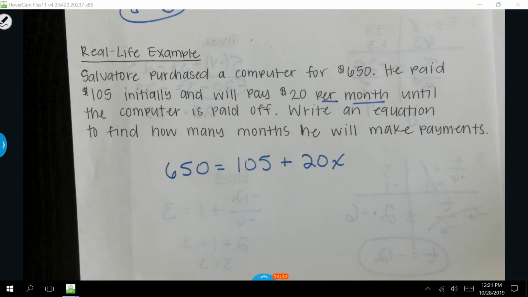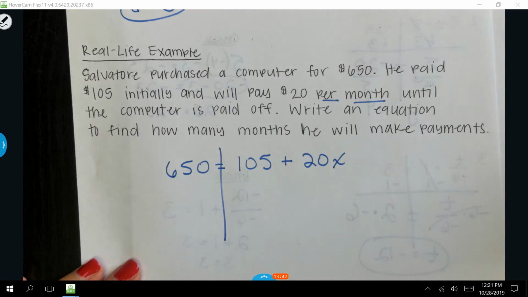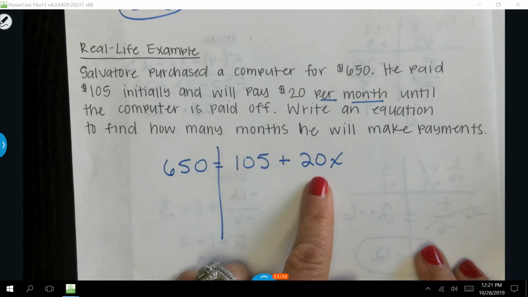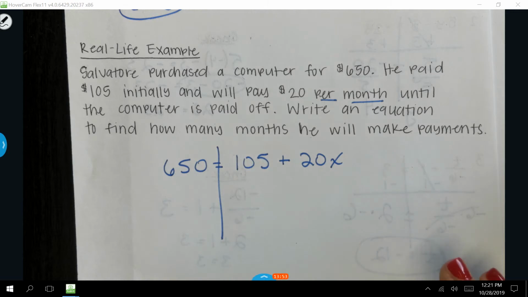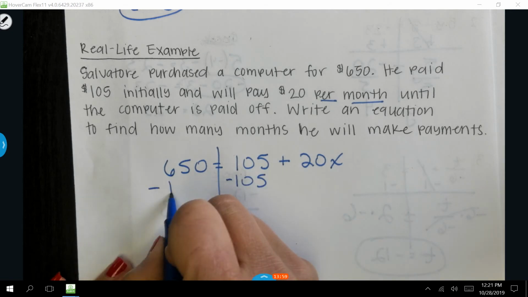Okay, so you have to draw the line first, and then you gotta do minus 20 on each side. No. Remember, you can't touch the variable term first. You have to do the other number first. Then negative 105. Yes, we have to subtract 105 on both sides.